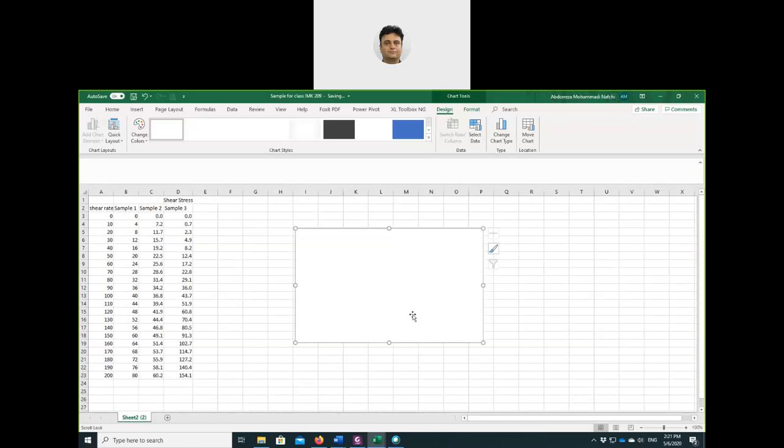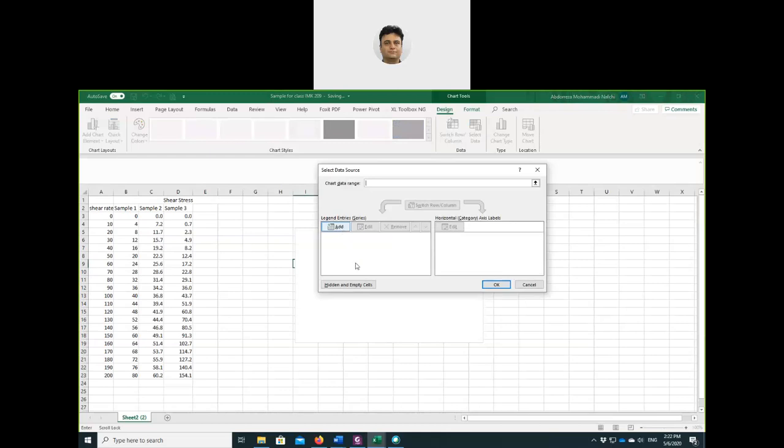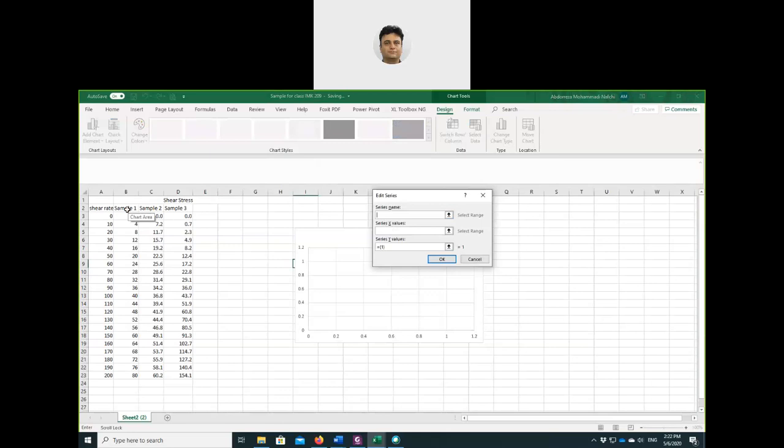Just right click on the white space in the chart and select data, add data. For the series name, I want to choose sample 1, and the x value is our independent variable, the shear rate, and the dependent variable is shear stress.